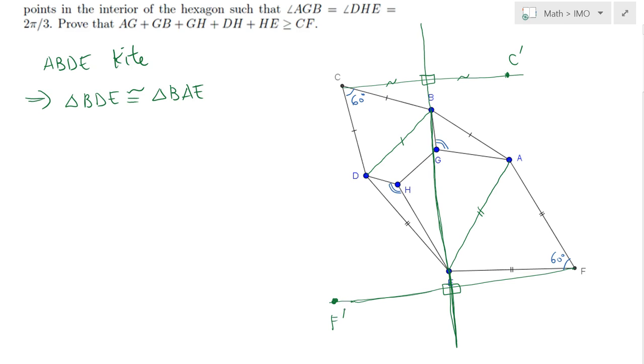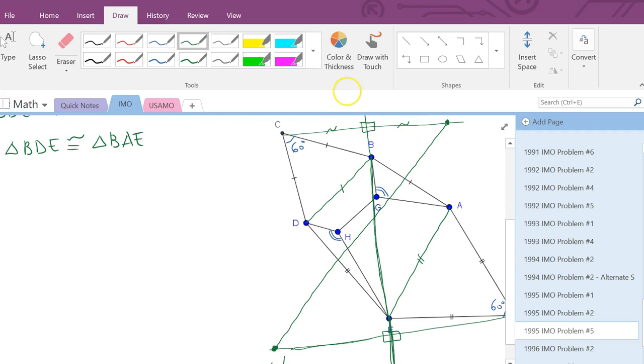And finally, when I connect C prime and F prime, like this, I claim that C prime F prime is simply equal to CF.